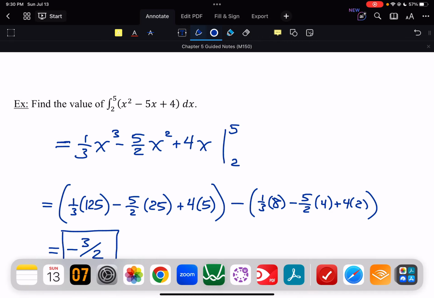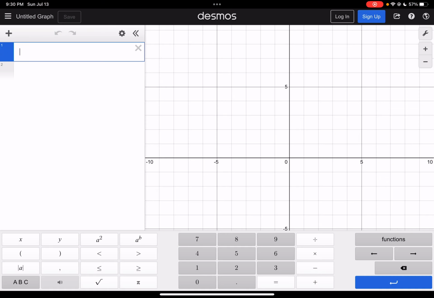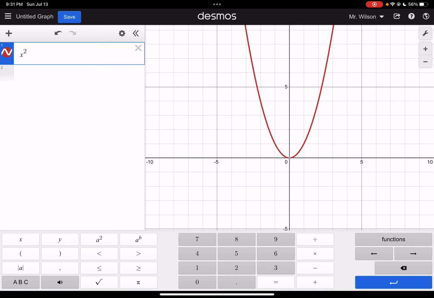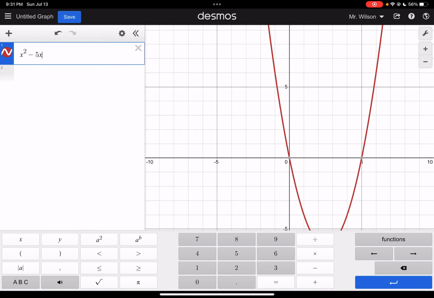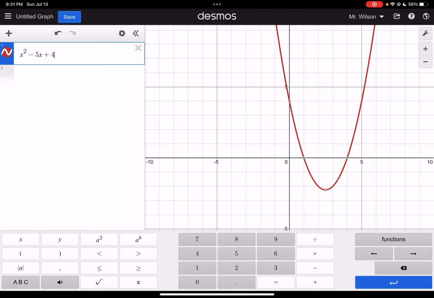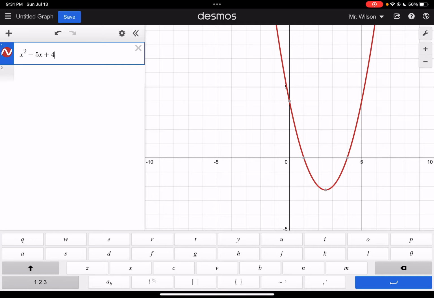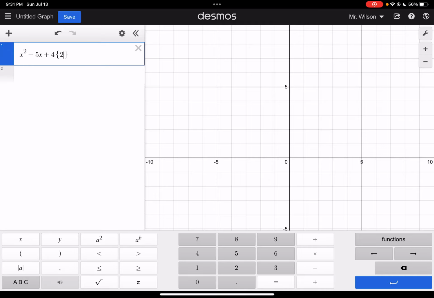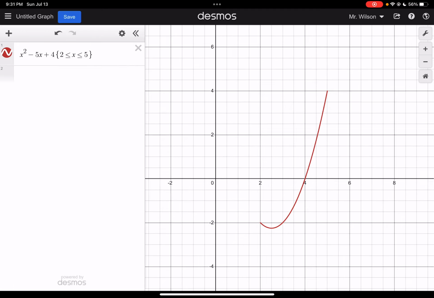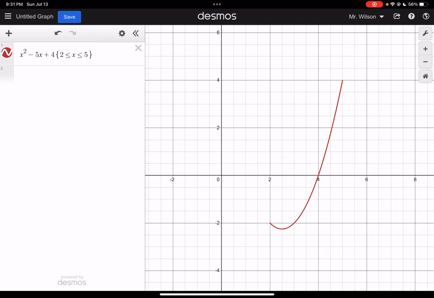So with this function, I'm going to go ahead and pull this one up. We have x squared minus 5x plus 4, and we are on the interval from 2 to 5. So this is our function. We're going from 2 to 5, so you can see in the first part over here, the function is below the x-axis.